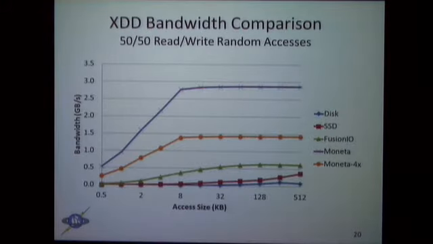So if we look at some just very basic I/O performance numbers comparing all of these devices, the trends are about what we'd expect. The hard disks do relatively poorly, but the flash SSDs do a little bit better on top of that, and then the FusionIO device is doing the best out of the flash-based devices. And then Moneta is obviously quite a bit faster. The memory has lower latency, so this makes a lot of sense.